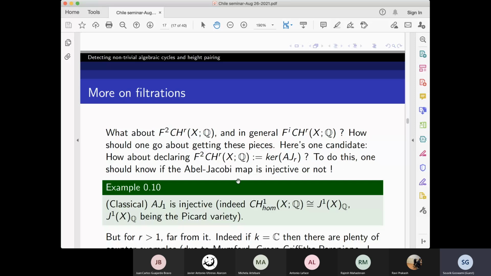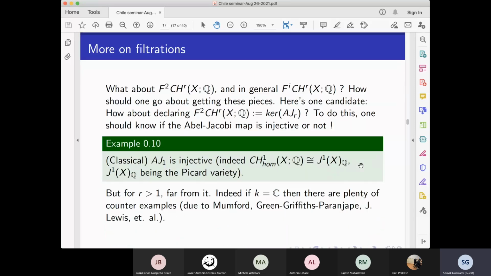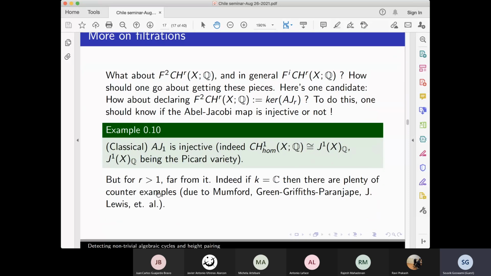Then to do this, one should know whether the Abel-Jacobi map is injective or not, of course. For r equals 1, the Abel-Jacobi map is injective. So CH^1_hom is actually isomorphic to the abelian variety of X. But for r greater than 1, the answer is no. For K equals C, there are plenty of counterexamples.